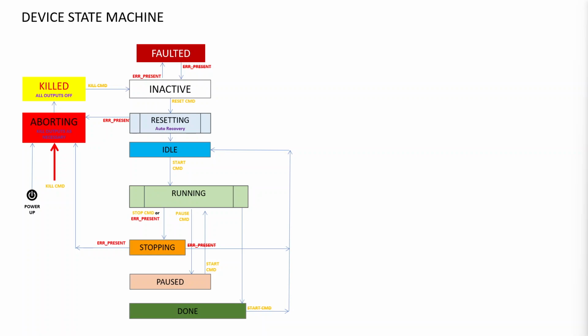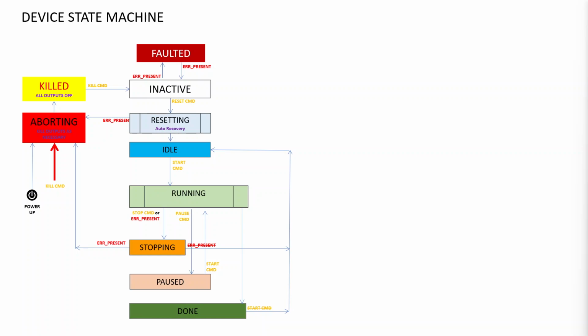Anytime an error comes up, we need to stop all things that need to be stopped and get ourselves to an inactive state. So again, we're letting all the other programmers and the operator know that when I'm in an inactive state, nothing's moving, nothing should be active. It should be dormant.